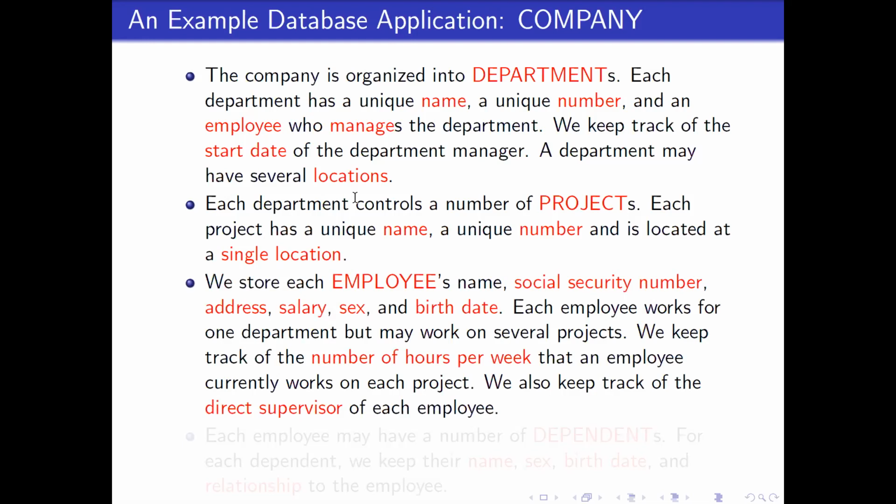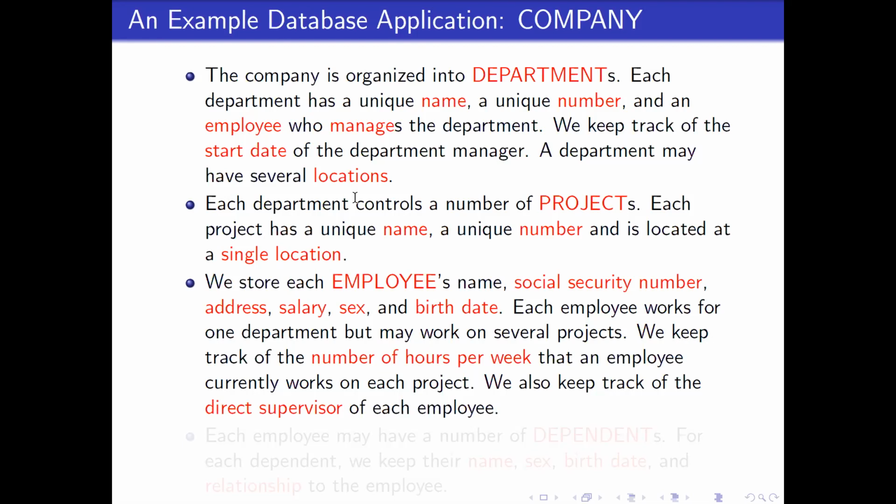Then you have employees, and for employees, you are going to track the employee's name, social security number, address, salary, sex, and birth date. Each employee works for one department but may work on several projects.